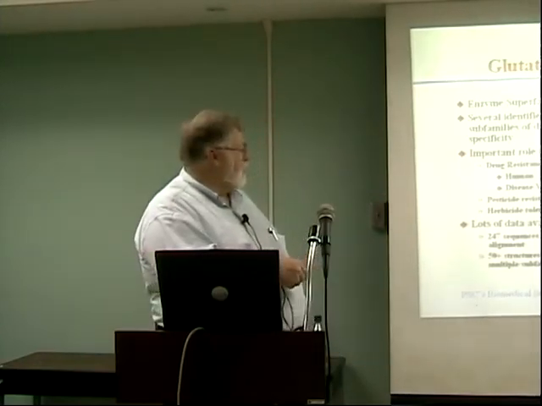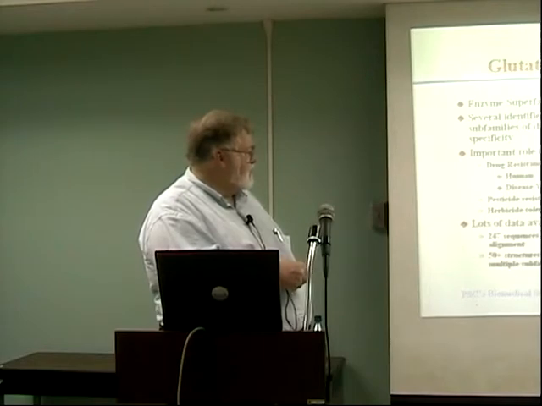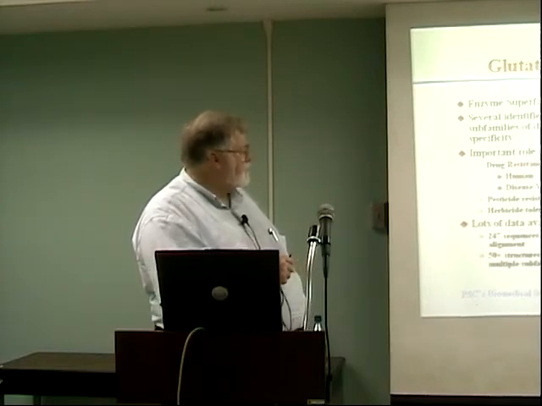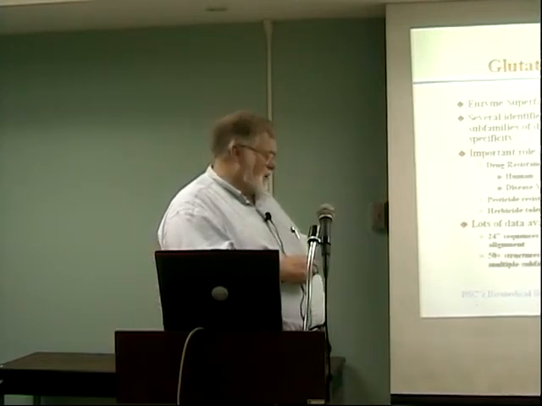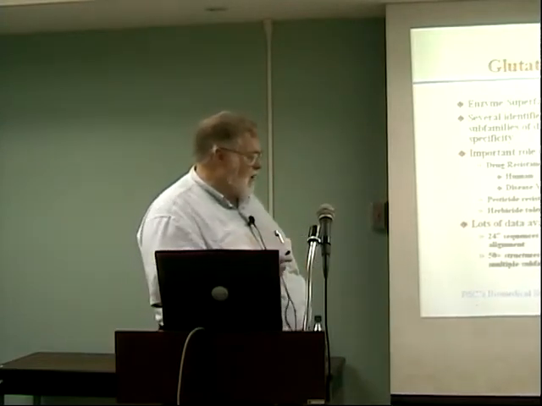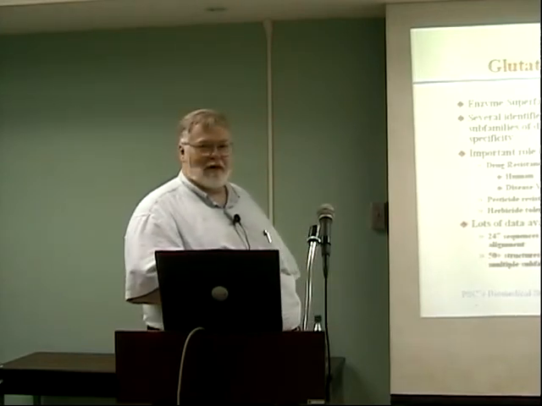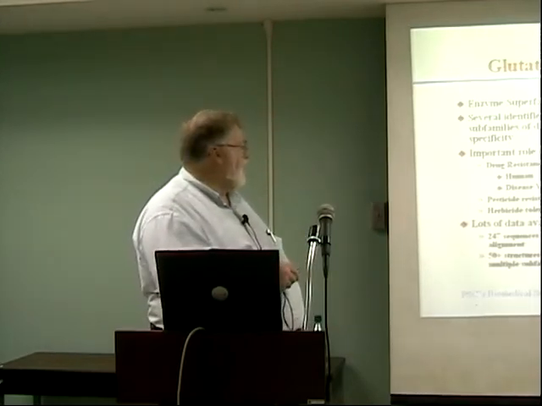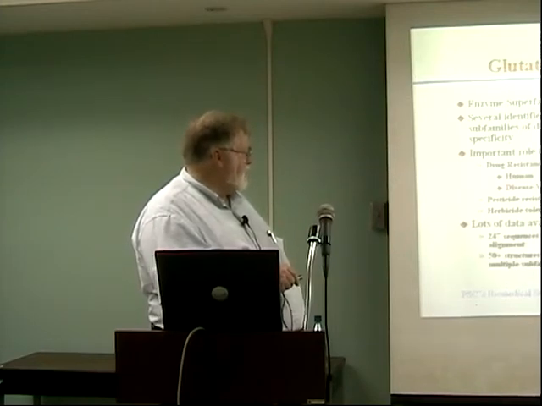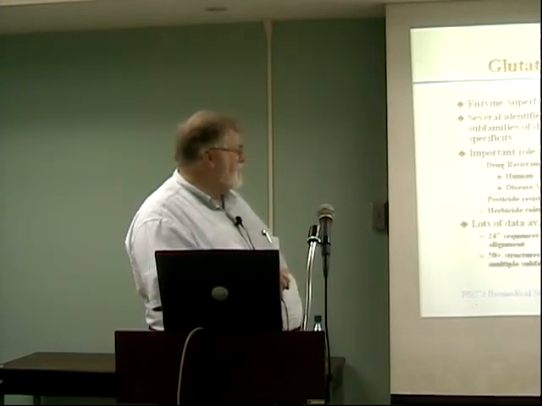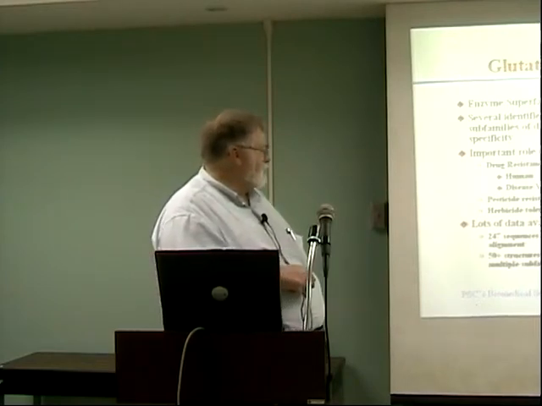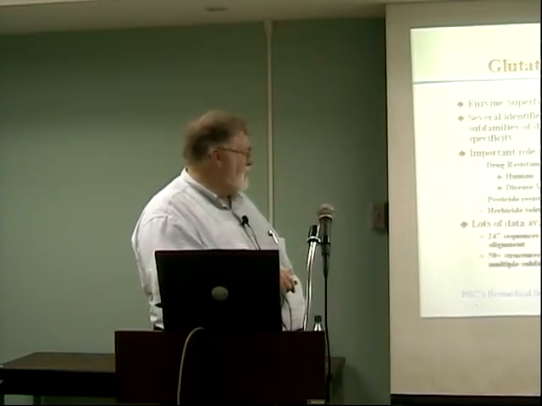It's also important in drug resistance in humans. It causes human beings to excrete chemotherapeutic agents, for instance, at a more rapid rate, and so people want to inhibit that. And it's involved in drug resistance in disease vectors, pesticide resistance in agricultural pests, and herbicide tolerance in plants.